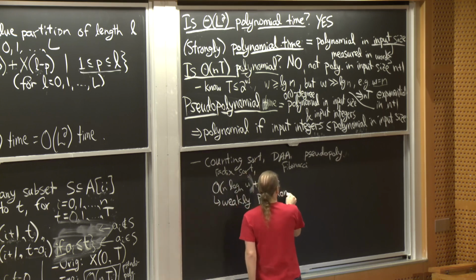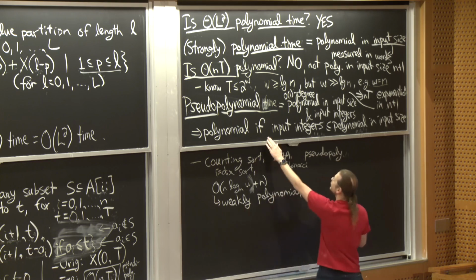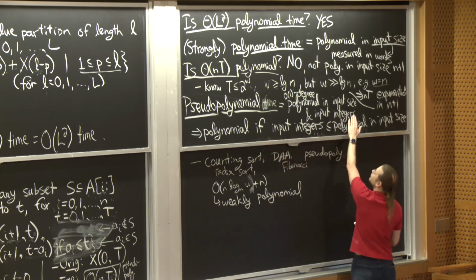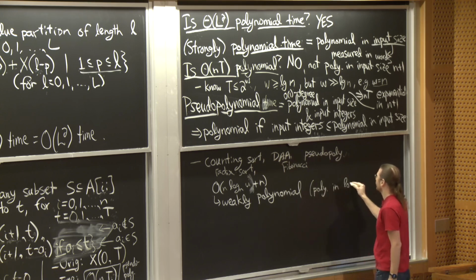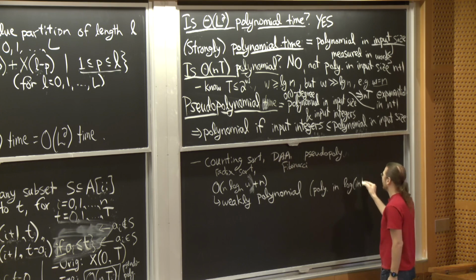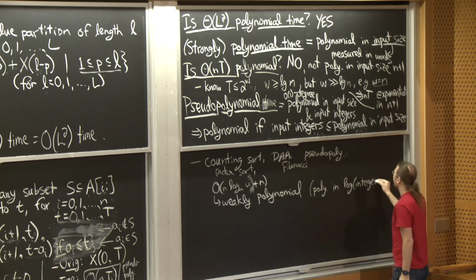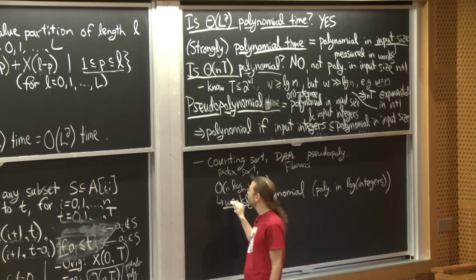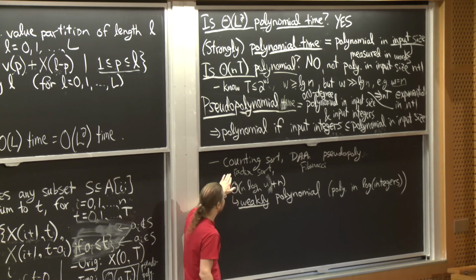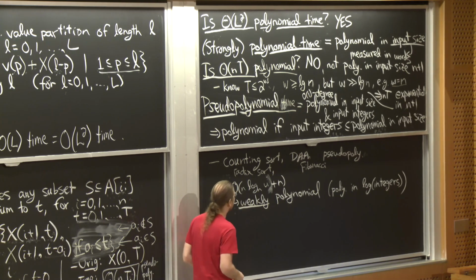But weakly polynomial is just like pseudopolynomial, but instead of being polynomial in the input size and the input integers, you're polynomial in the log of the integers. So this is better. And it's almost as good as polynomial, as strongly polynomial. We won't really use this notion. The only place it appears in this class is in radix sort, but in future classes you might care about it.